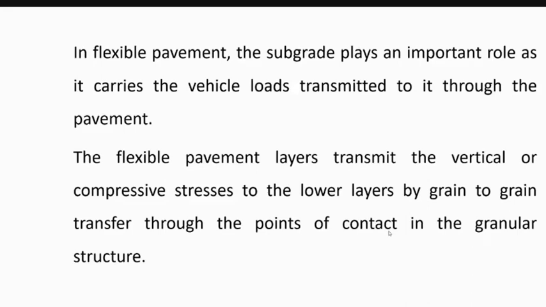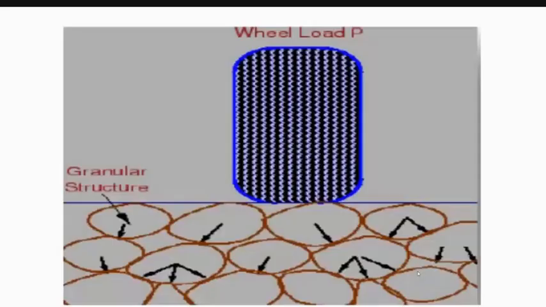And in flexible pavement, the subgrade plays a very important role as it carries the vehicle load and transmits it to the pavement. So the upper layer load is distributed. Here you can see in the diagram the wheel load.